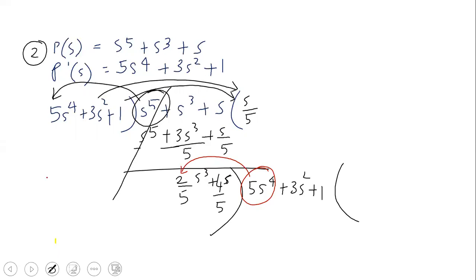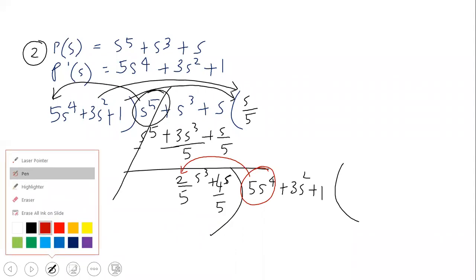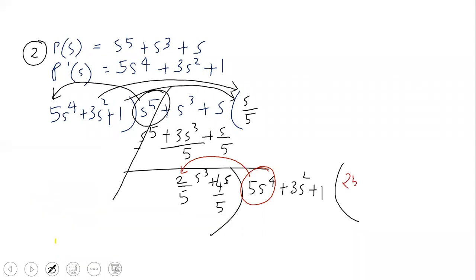Tell me what is the quotient if you divide 5s raised to 4 by 2s cube upon 5. Yes, correct, Purva. So you should get 25s by 2.